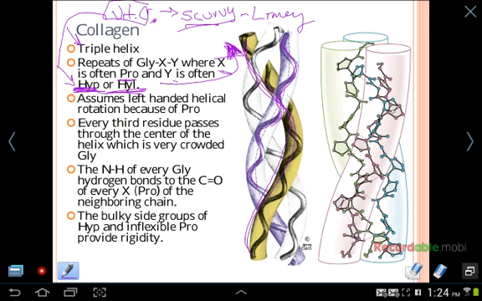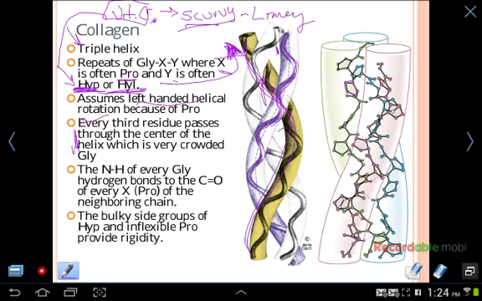Now, because of the ring structure, where the peptide backbone of proline is within the ring, we get this left-handed helical rotation. Now, every third residue passes through the center of the helix. So of this triple helix, every third residue will pass through the center of the helix.